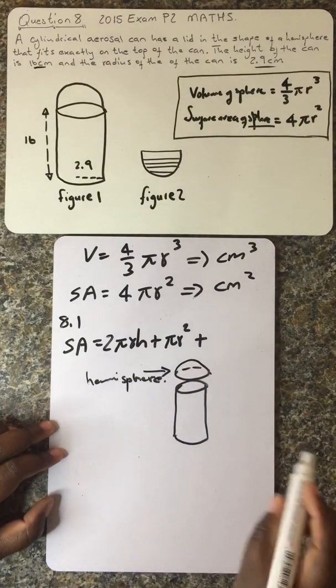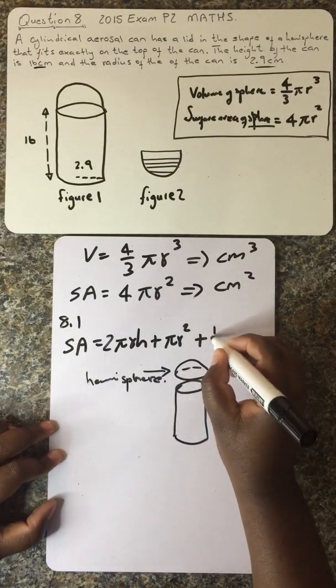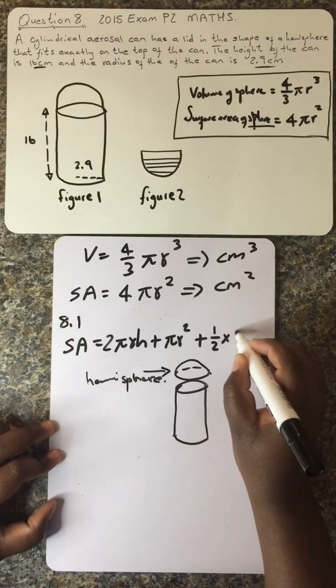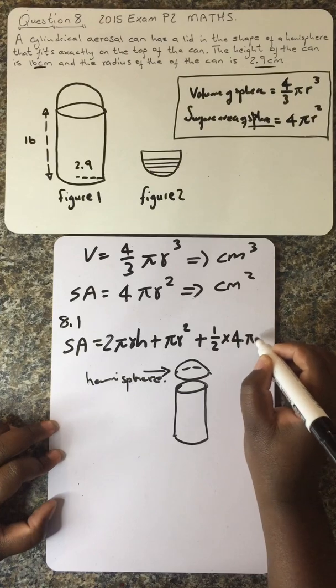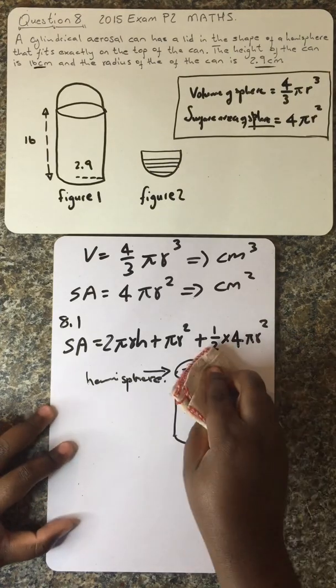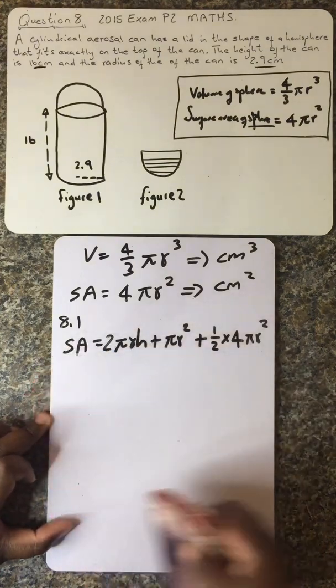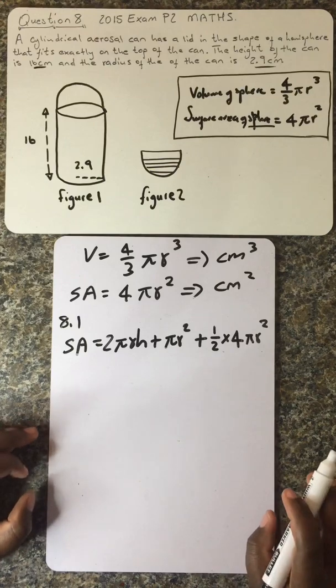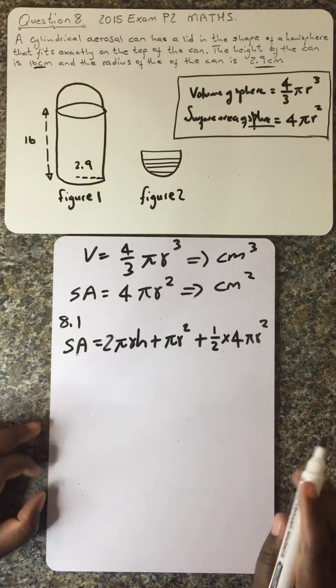So that means we've got half of a sphere. A sphere is 4 pi r squared. It's very, very much important that you understand these things. I can tell you, you will go far if you fully understand this type of information.